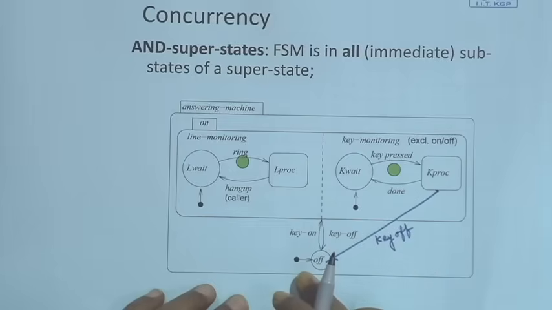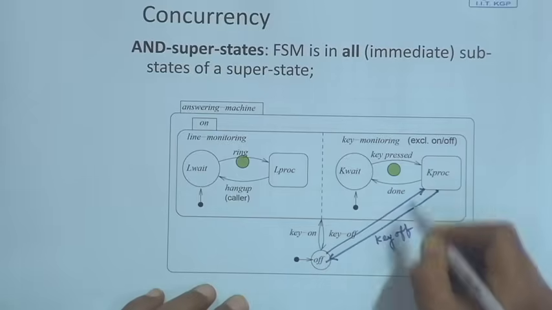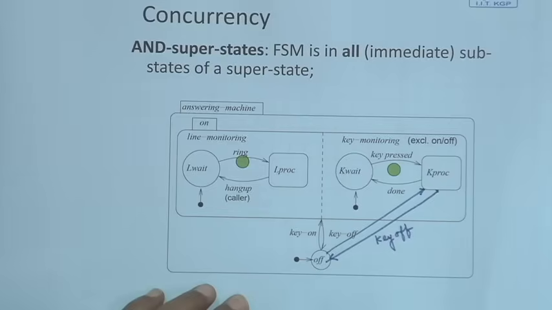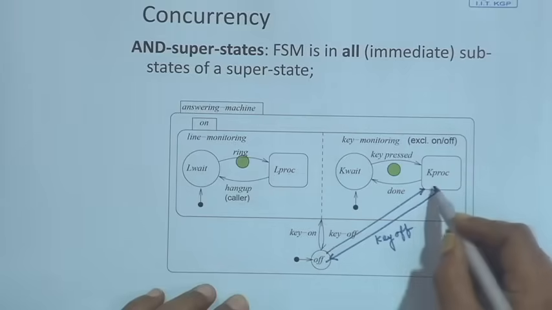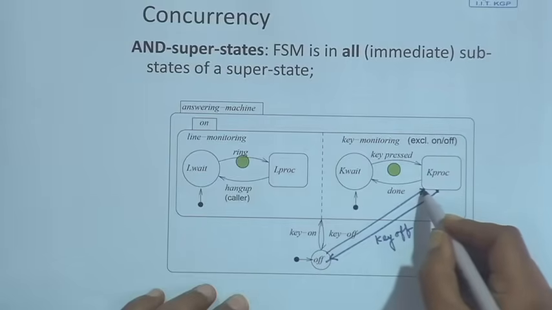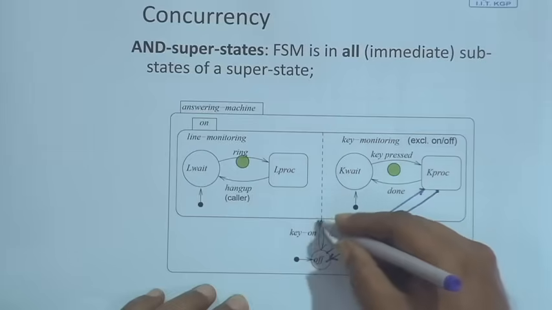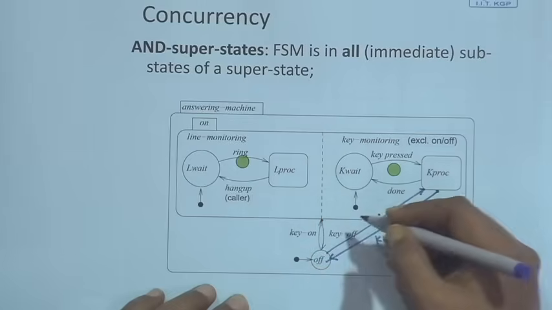Okay. And when I press key on, it will take me to the key processing state. Very good. So, when I do key on, since history is not there, I do not really know where I should go. Therefore, I should simply enter key on, I should go here, right.